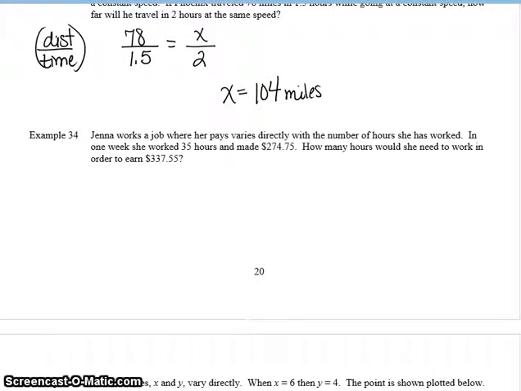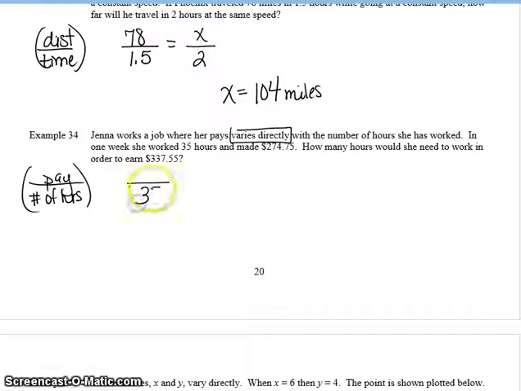34. Jenna works a job where her pay varies directly with the number of hours. So it's pay versus number of hours. Okay, that's the label comparison. In 1 week, she worked 35 hours. So hours is on the bottom.